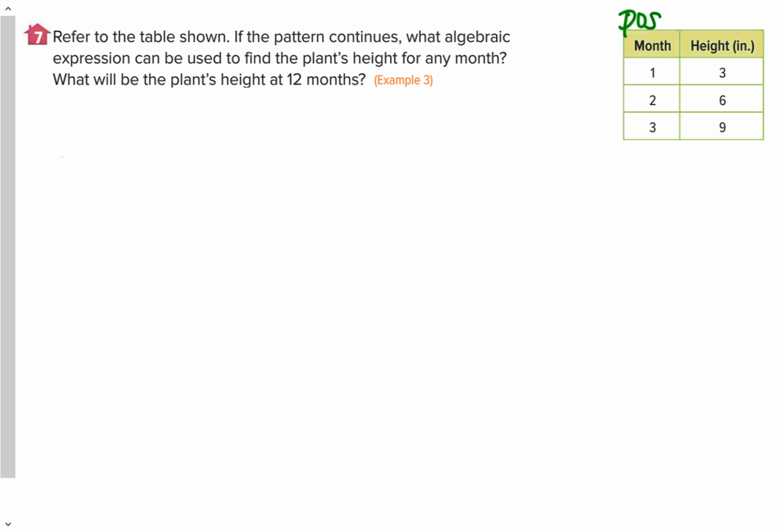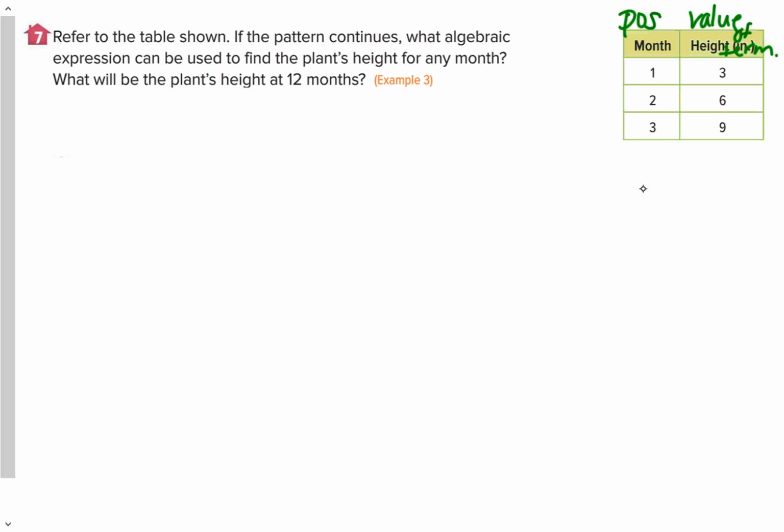And then this is going to be the value of the term. So what we want to do is find out how did we get from the month to the height. So like what number did we multiply or divide by to get the height?